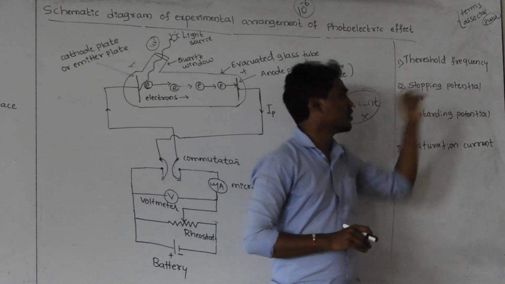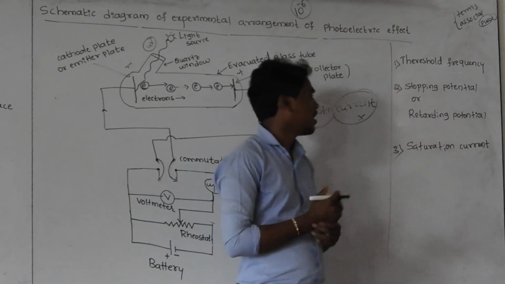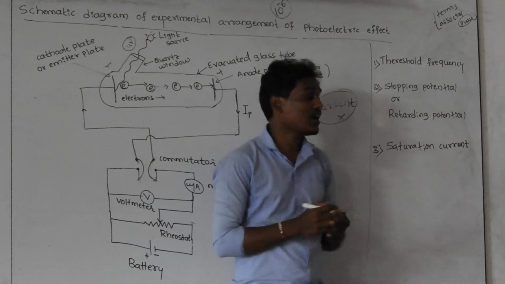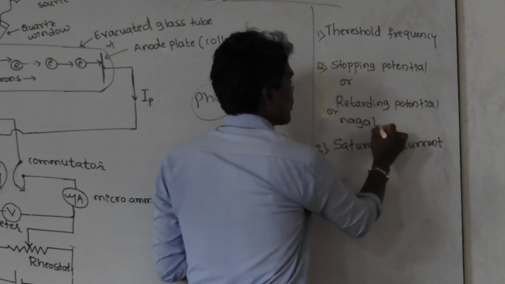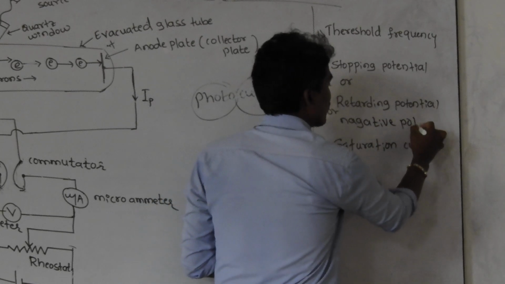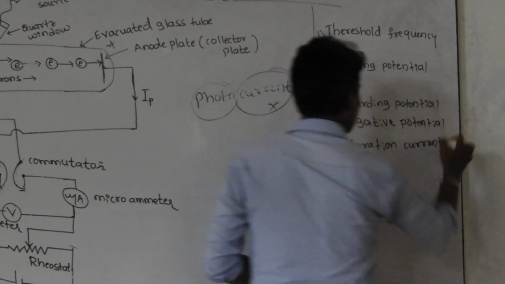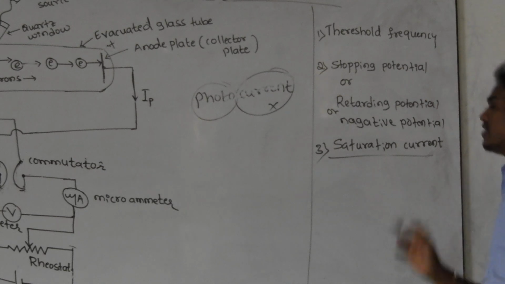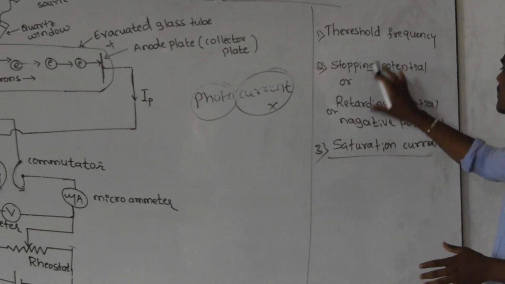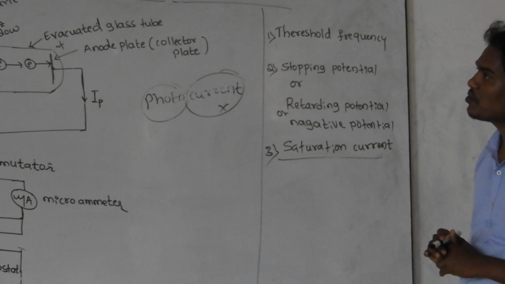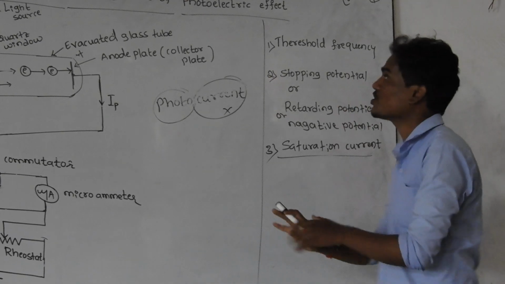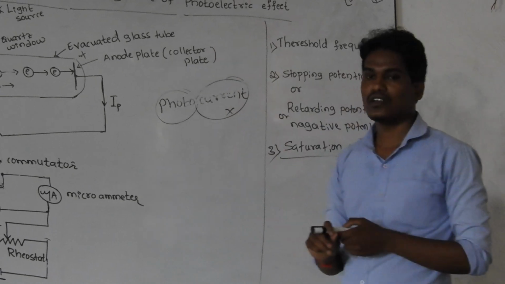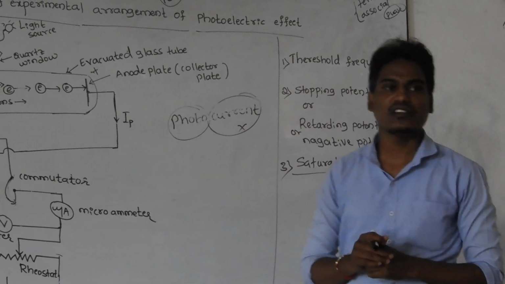The second one is the stopping potential, also called the retarding potential, which is a negative potential. The third one is the saturation current. These are three important terms associated with this concept. These terms we can study in the next class.